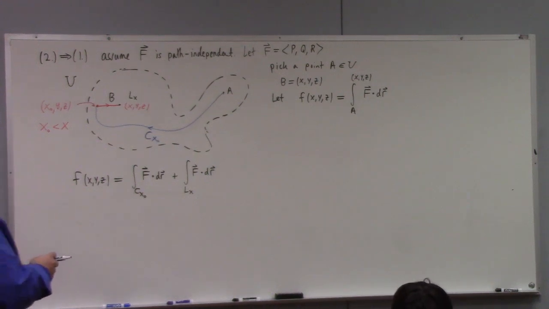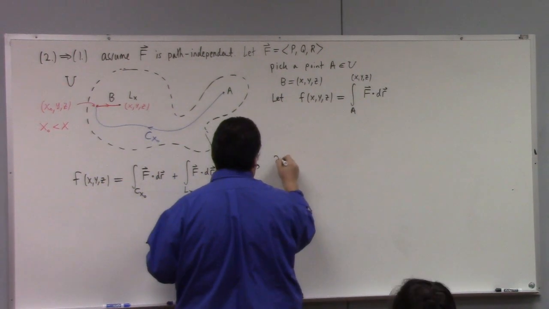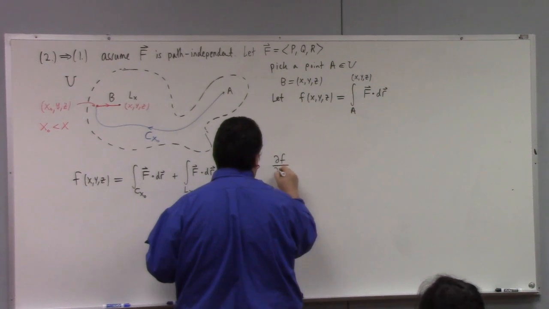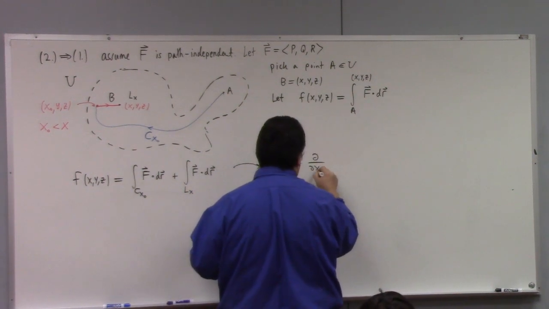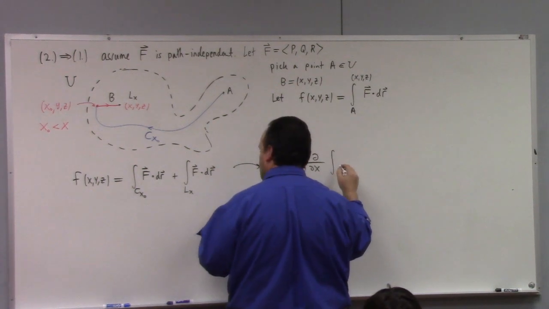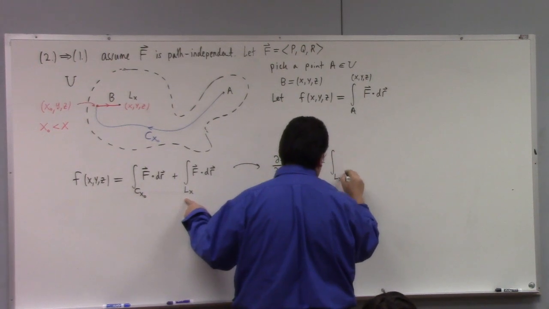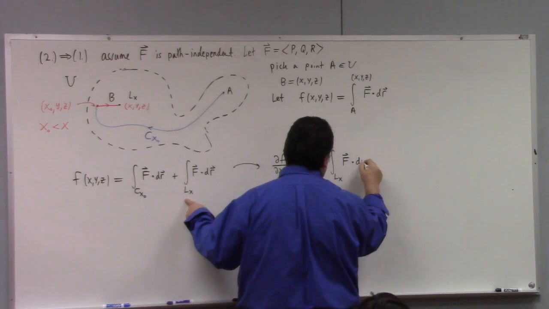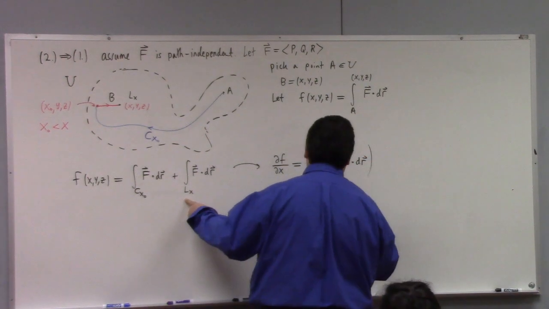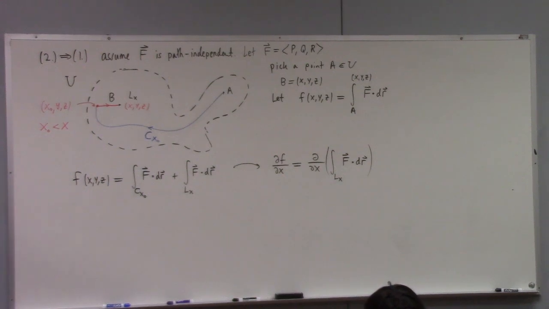But notice that partial f, partial x is just going to be partial x of what? Lx, right? Why? Because again, there's no x dependence to the curve, the blue part.